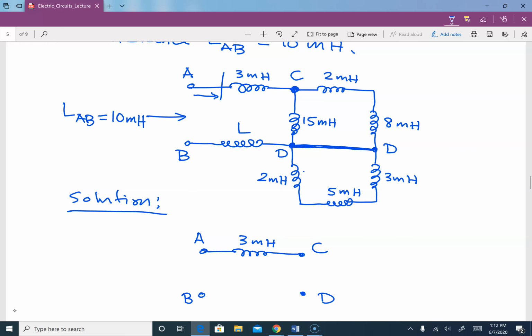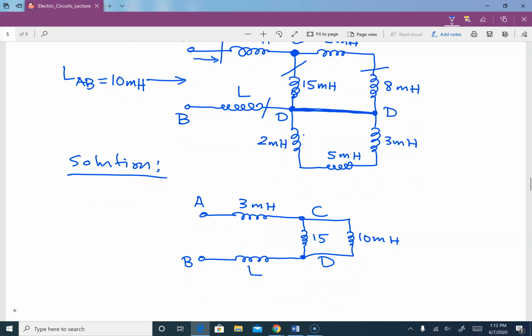Between node B and D I have L. Now between C and D I have 15. And also between C and D I have 2 and 8 in series, that is 10 millihenry.